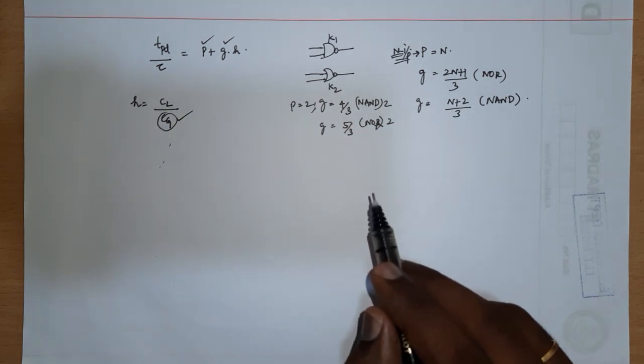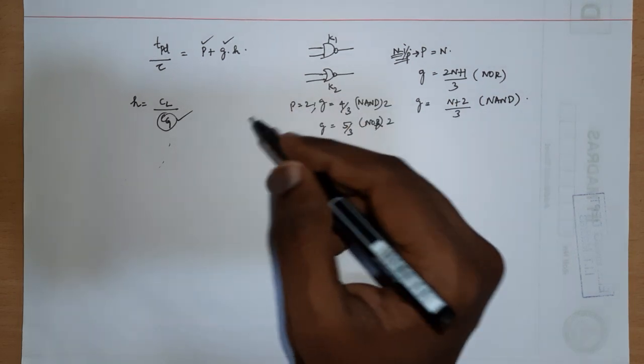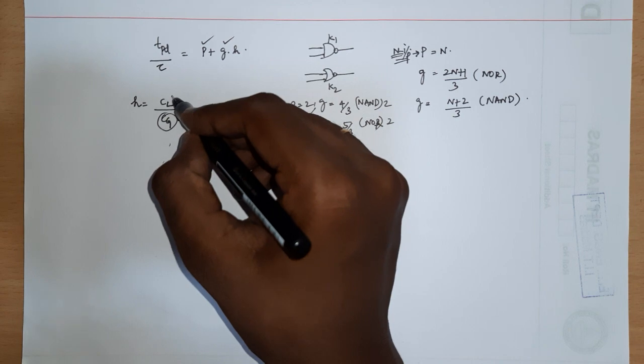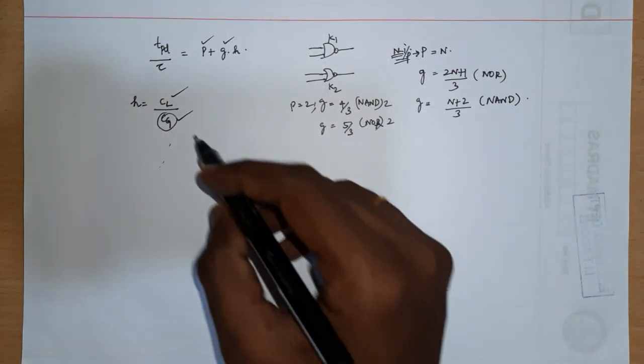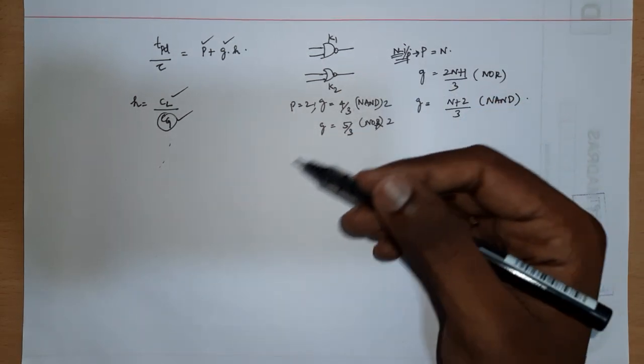If I vary the number of inputs, then obviously I am going to vary the input side capacitance, so this will also vary. And load capacitance sometimes can be fixed, and depending on the load capacitance, H will vary. So H is the electrical effort, which will vary depending on the gate size.